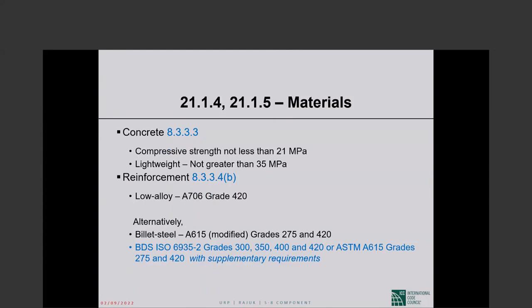I don't know that I have explicitly said that, but that is something very important for you to understand and remember. Okay, these limitations that you are going to talk about do not apply to intermediate or ordinary moment frames.